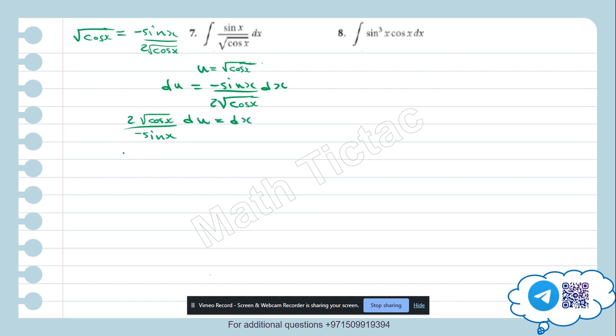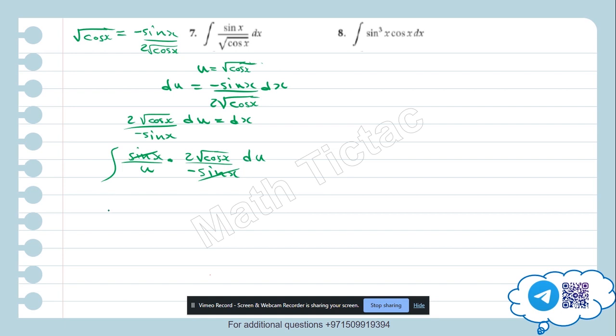So now all I have to do is just substitute. So sine x divided by u, multiplied by 2 square root of cosine x divided by minus sine x. So sine with sine, I have only minus 1 over here, and in here du. Instead of square root of cosine x, I can put u as well.